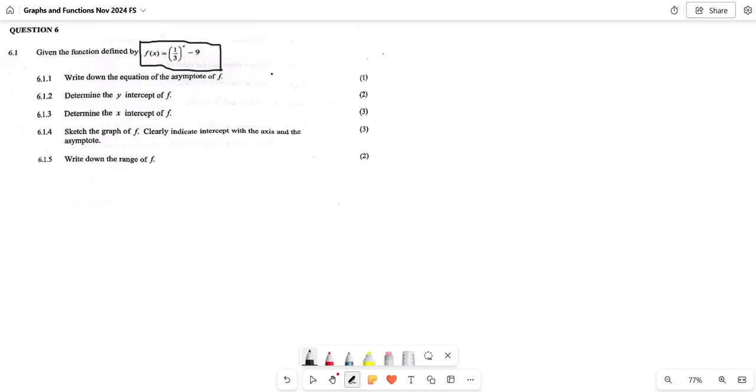Remember, for you to know what type of function it is, you must check the variable x, whether x is a base or whether x is an exponent. You need to check what is happening with x.